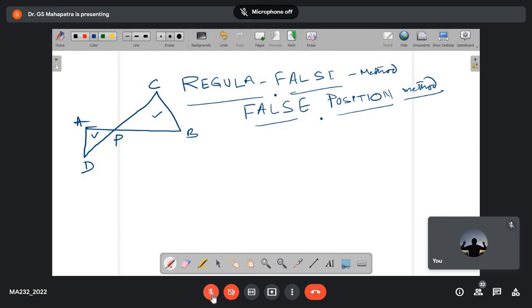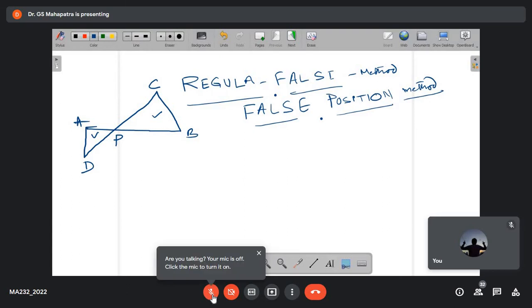Anybody else? Can you answer? Is there any relation between these two triangles? I have already marked it.